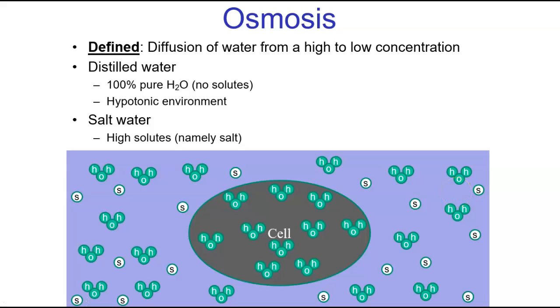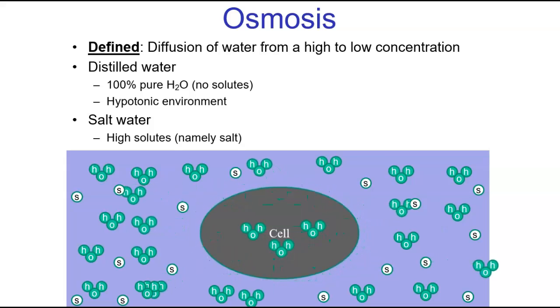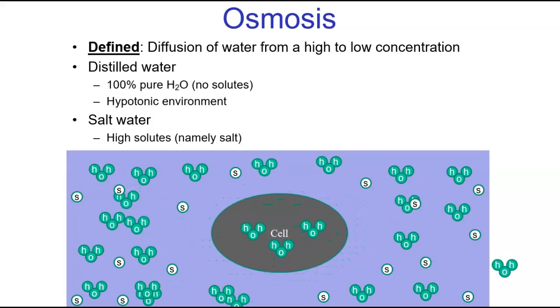water. And then now we've added salt to that water. All right, so now we've got salt water out here outside the cell. What do you suppose is going to happen? Well, now we've got a higher concentration of pure water inside the cell than we do outside the cell. So water moves outside the cell.